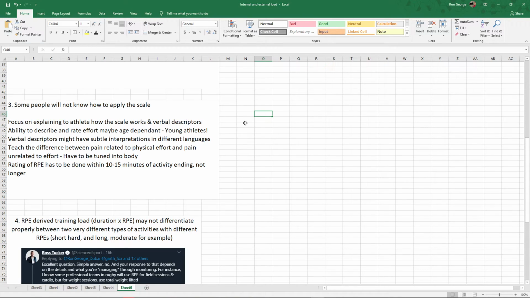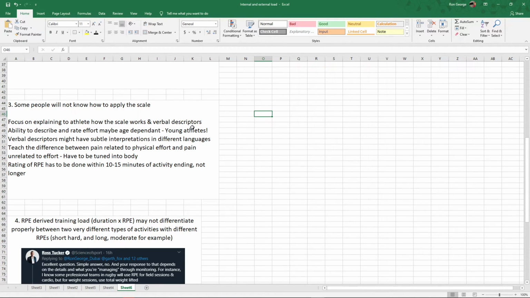They might be very overconfident in saying that, whereas someone else might be very, very honest. Adult human beings have a wide experience on what is really hard and what is easy effort. So they might be able to discriminate more, make fine-tune adjustments to how they rate RPE. So you have to be very careful of age.